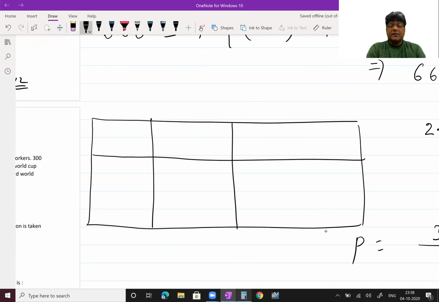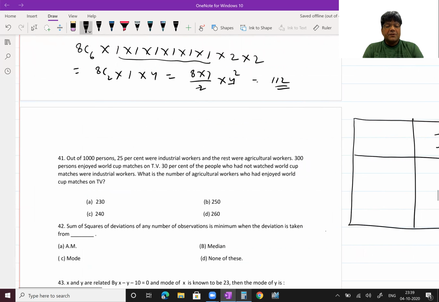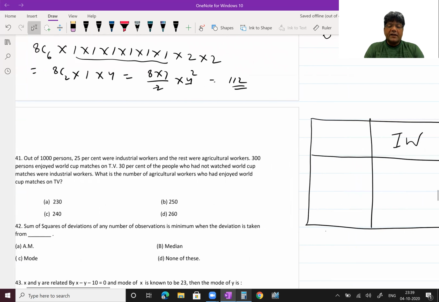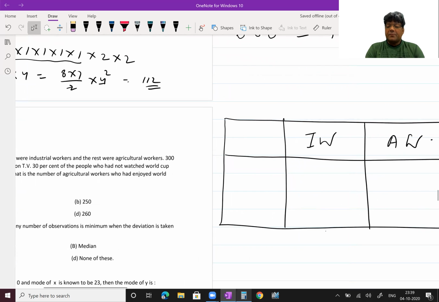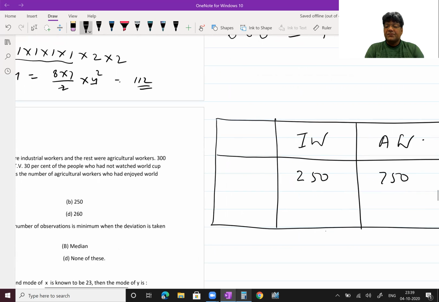What's the information? Out of a total of 1000, 25% were industrial. 25% of 1000 will be 250. So 250 industrial, that means the remaining 750 are agricultural workers.